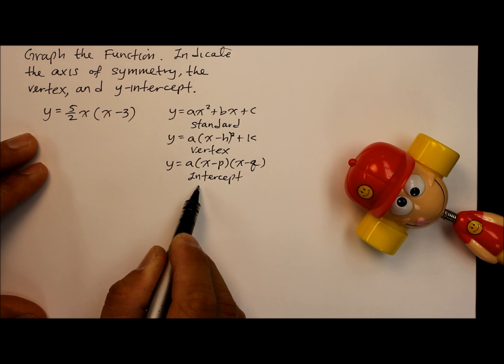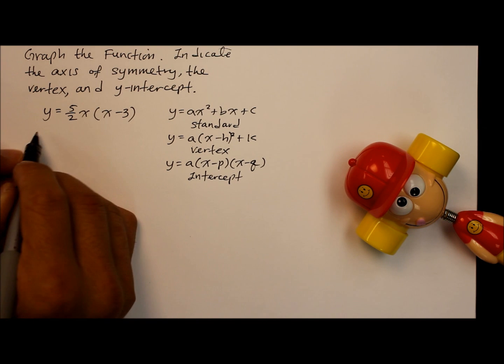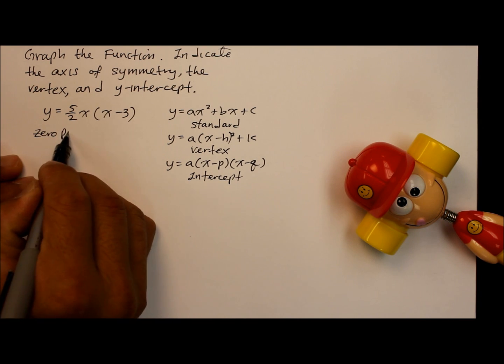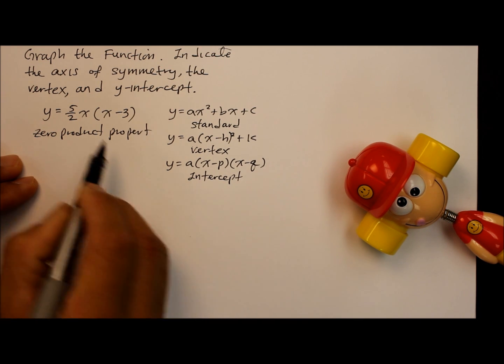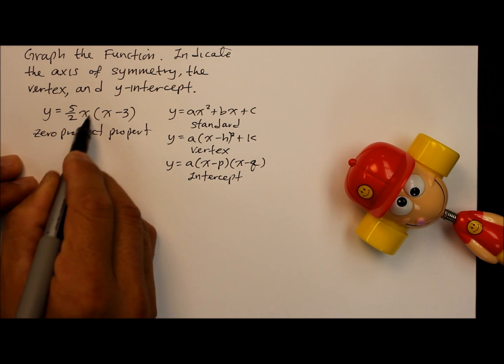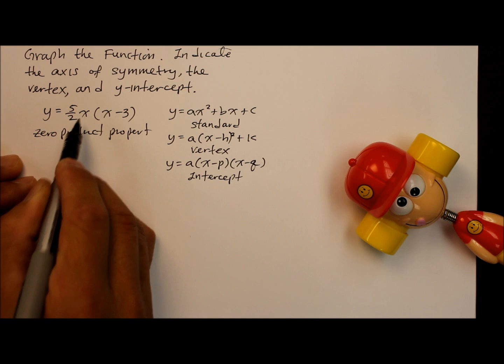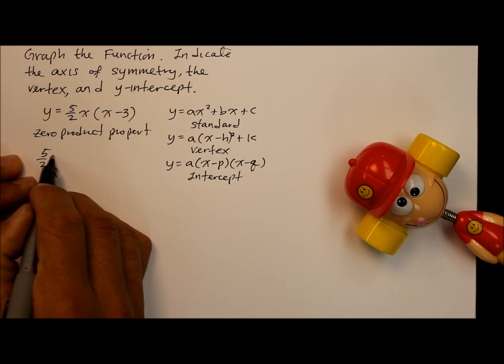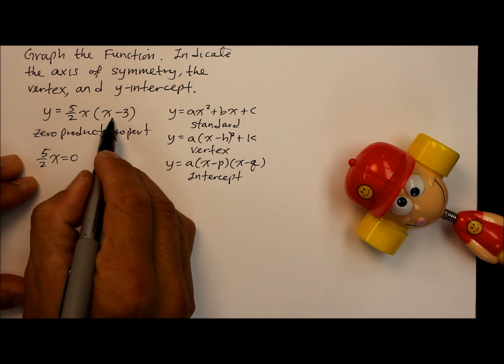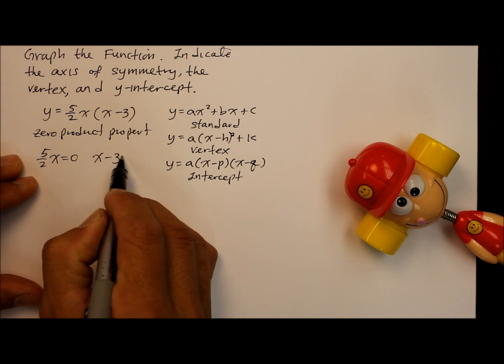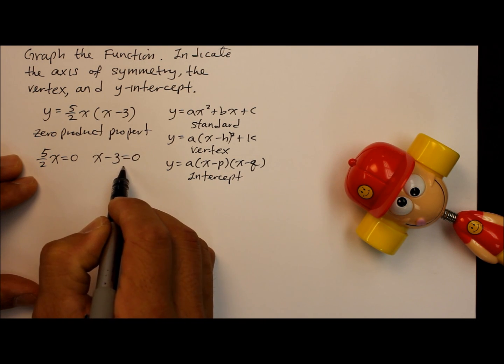So what you had to do was use the zero product property. What that means is you take this term, coefficient or not, whatever it is with the x, you set that to 0 to find one of the x-intercepts. And then you take this binomial, set that to 0 to find its x-intercept.